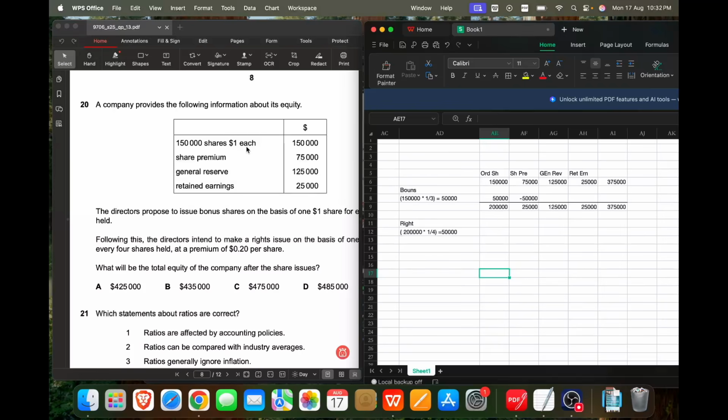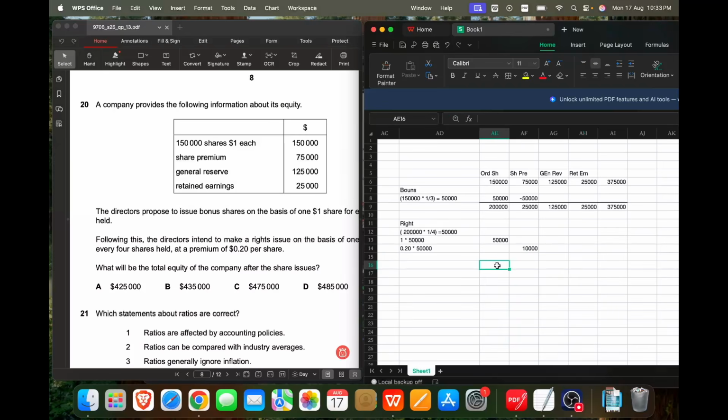The par value or face value is $1, and face value will be added out here. So 1 times 50,000 is 50,000 for the ordinary shares, and 0.20 times 50,000 is for the premium, and that is 10,000.